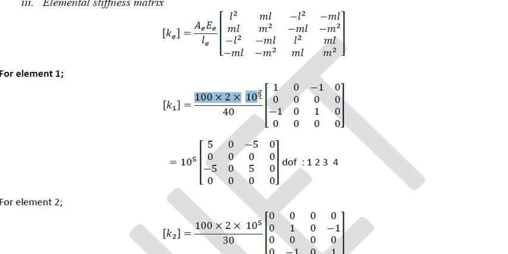That is a very careful consideration. So 10 power 5, the common term, I will take outside and write the remaining terms inside. It has initial node 1, final node 2, which is why the degrees of freedom are 1, 2, 3, 4 for this first element.